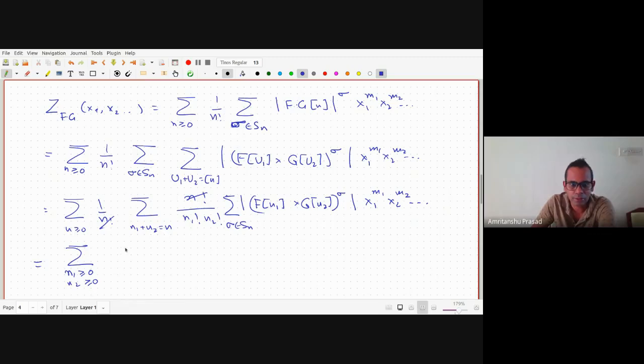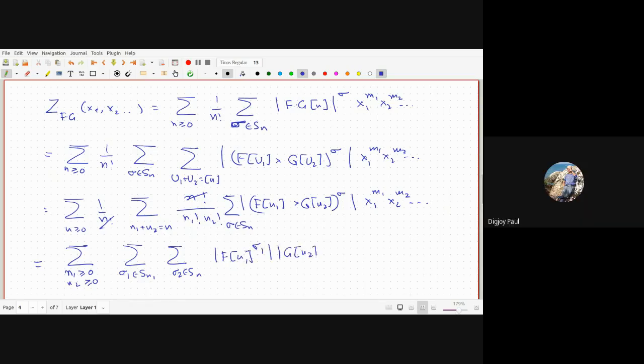So what we are doing is we're taking sigma 1 belonging to S_{n1}, and also sigma 2 belonging to S_{n2}, and then we have F(n1) cross G(n2) invariant under sigma 1 comma sigma 2. So this will again be multiplicative.